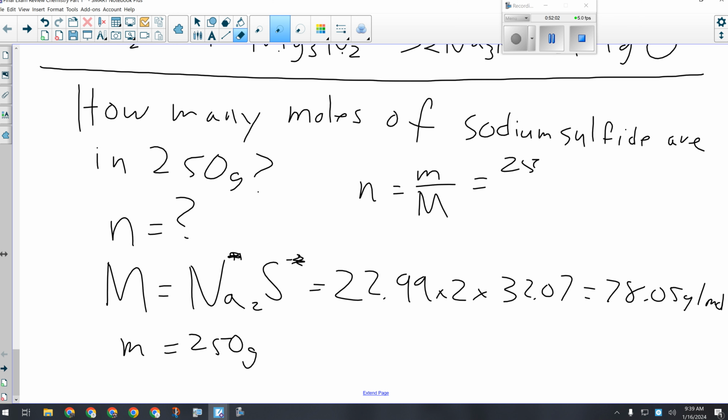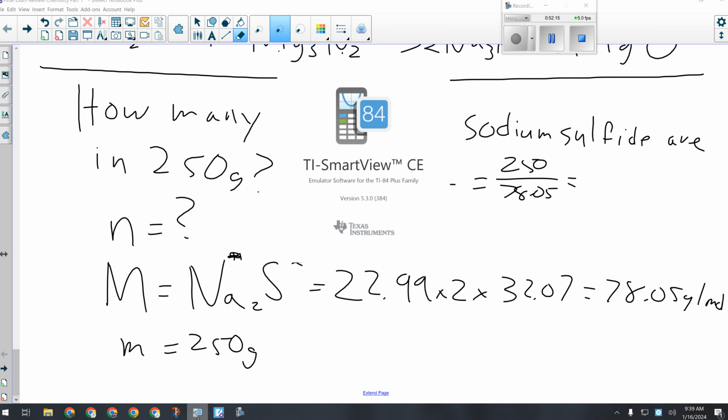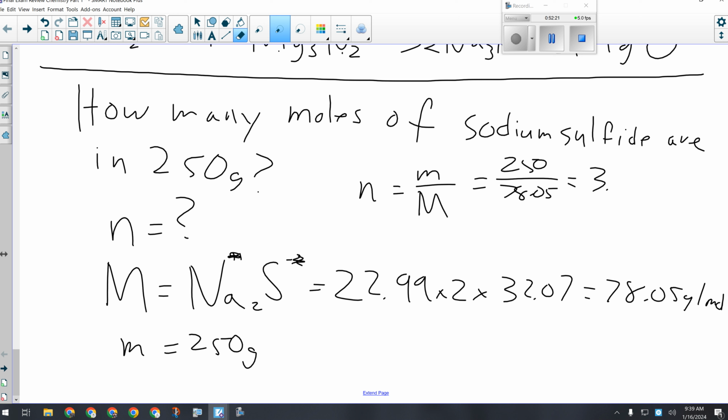So 250 grams divided by 78.05 grams per mole. 3.20 moles would be my units for that.